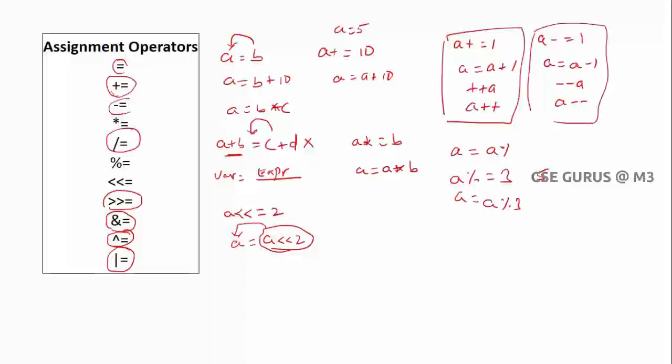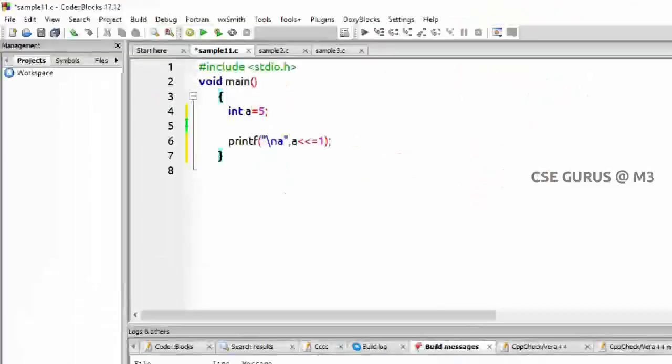Okay, so I'll try to execute these things. I have written here simply a left shift equals to 1, which means a equals to a left shift by 1, right? You first do the left shift on a, then whatever the resultant is is stored again in a.